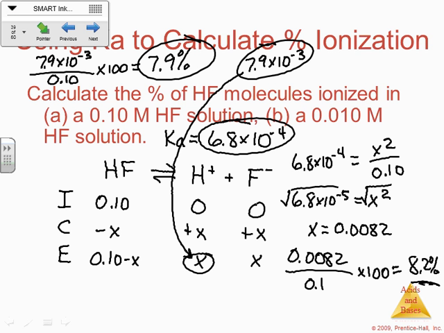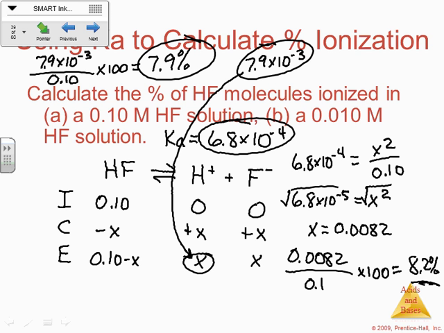Because we're starting with an even lower initial concentration. So to say that whatever number we get for x doesn't matter when it's 0.010 instead of 0.10, it would actually matter even more. Okay, so you can't make the simplifying assumption for either one of those. But that's how you find your percent ionization.